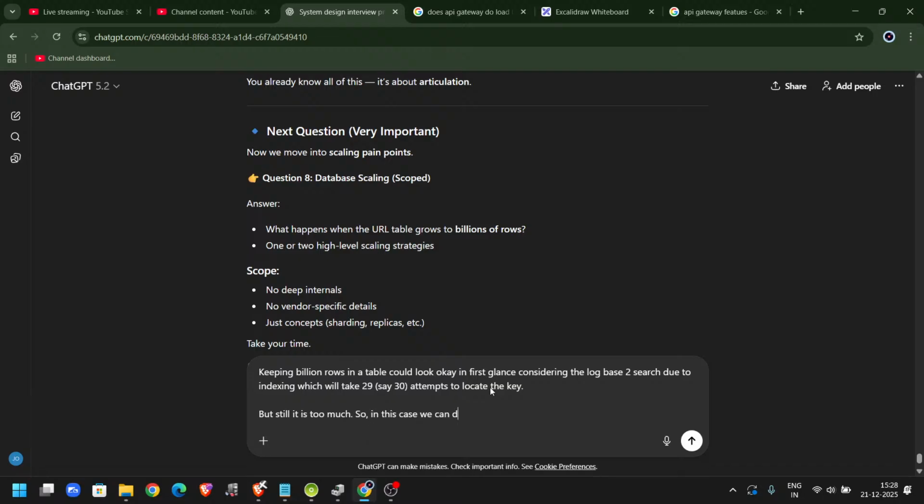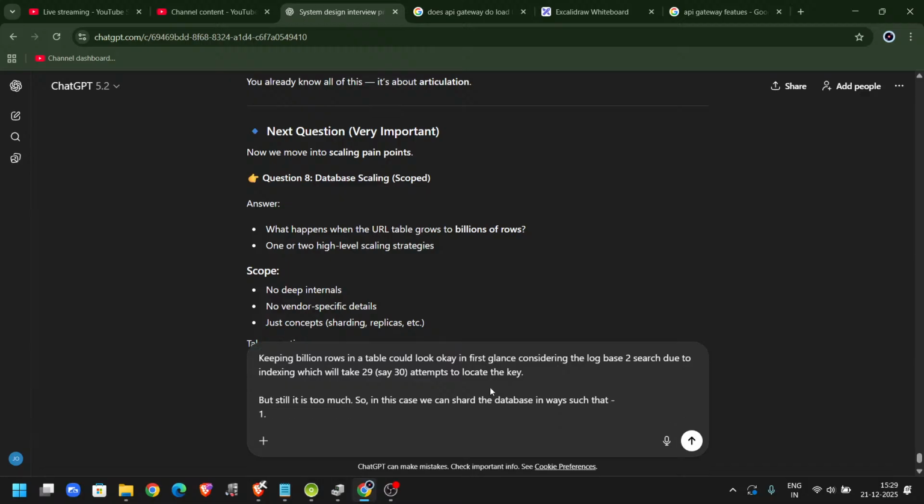So in this case we can horizontally shard the database basically, geographically, where multiple shards of the database have keys or data according to the location.